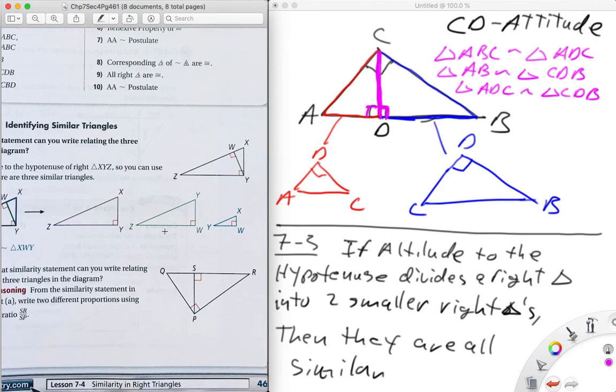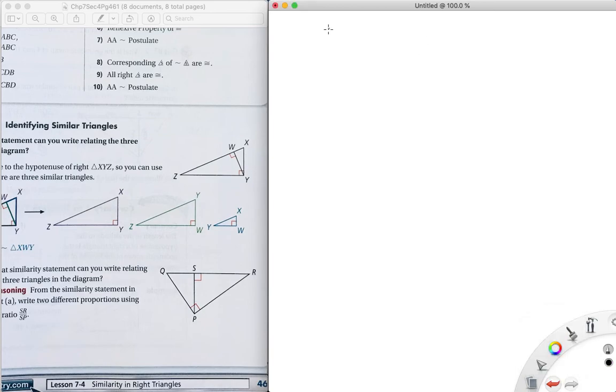Okay, so for this one, they give us a right triangle, and they want us to write the similarity statement. So the easiest way to do this is to remember, this comes here and forms 90.